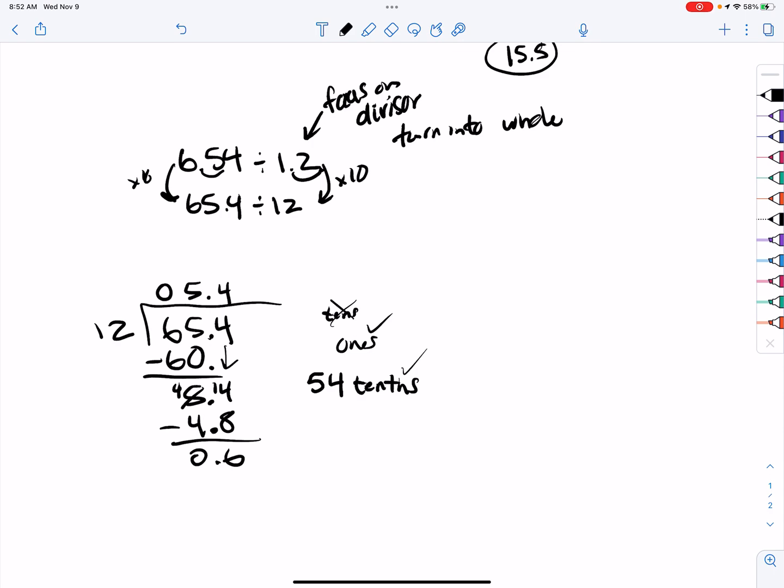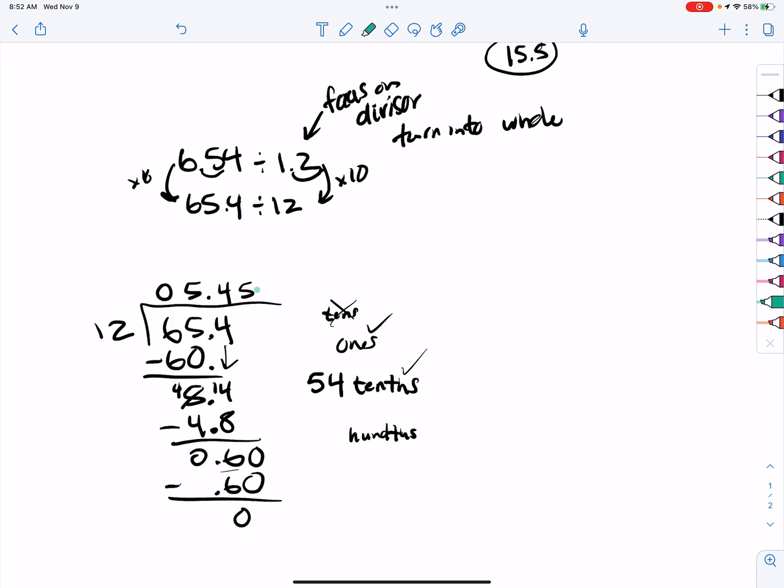So knowing my place value, since I still have 6 tenths, I might as well break those into smaller pieces, which would be hundredths. So 6 tenths is equivalent to 60 hundredths. And I know that 12 times 5 is 60. And because those are hundredths, we can write it like that. So here, and then we get our answer of 0.